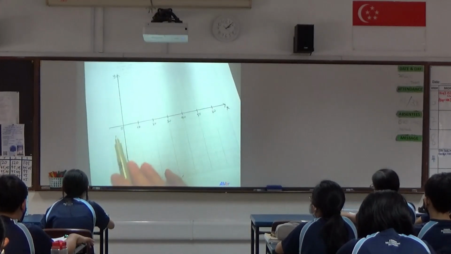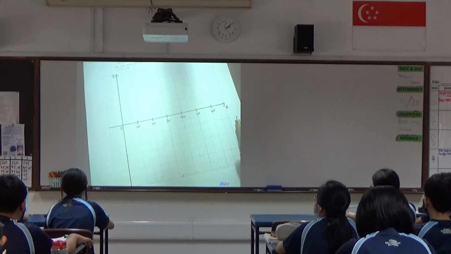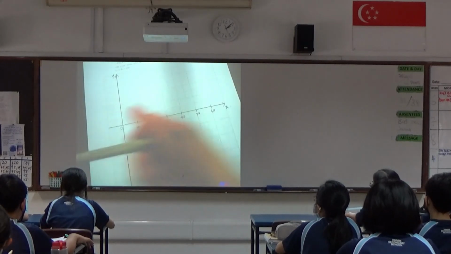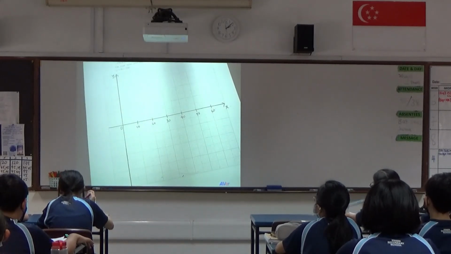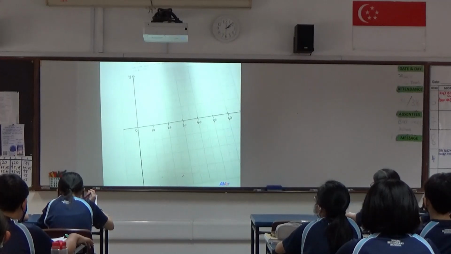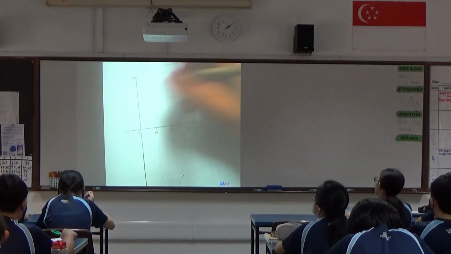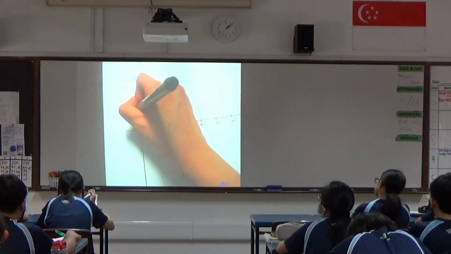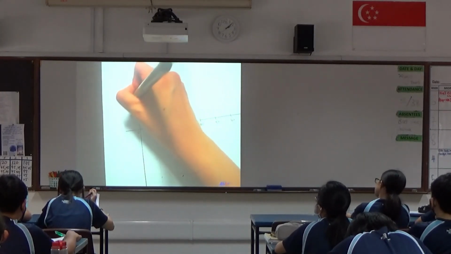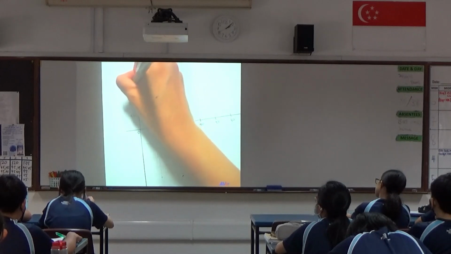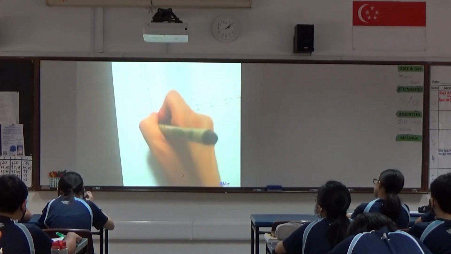We always go rightwards to be positive. I don't understand why some people go leftwards positive. You live in a rather strange world. Alright, the y-axis is also 2 cm to 50 units. So down here will be 50, going upwards will be positive, and going downwards will be negative.